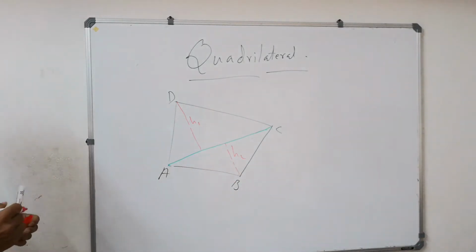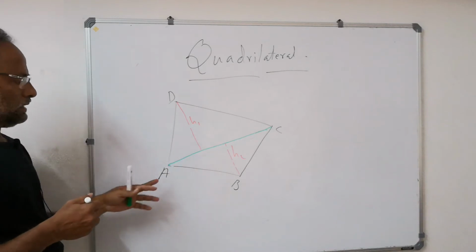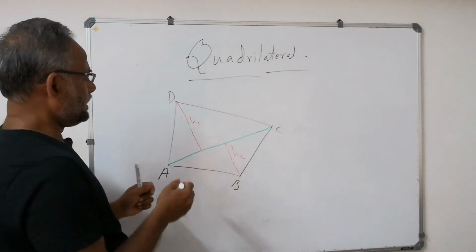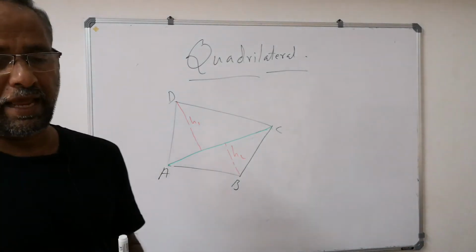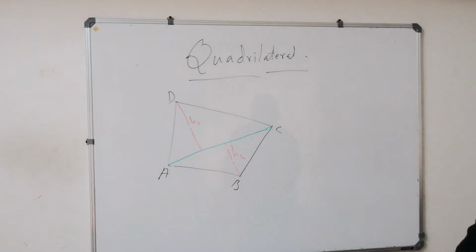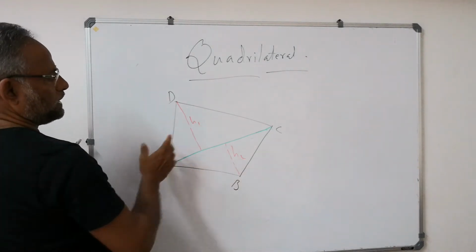So we got two triangles and perpendiculars. Be careful. Here the triangle's base is the green color, the diagonal AC. Okay. It is the AC diagonal. Now take this triangle outside.